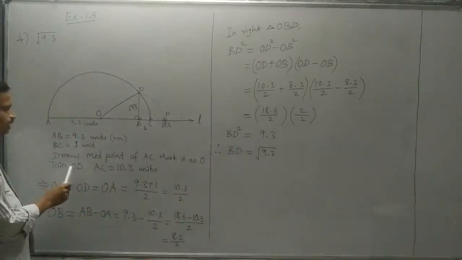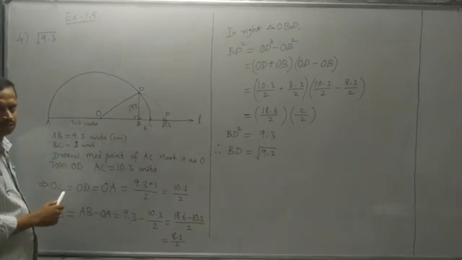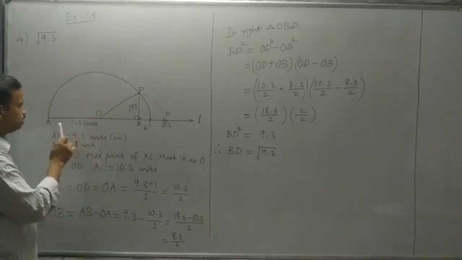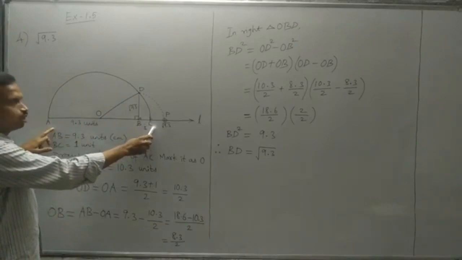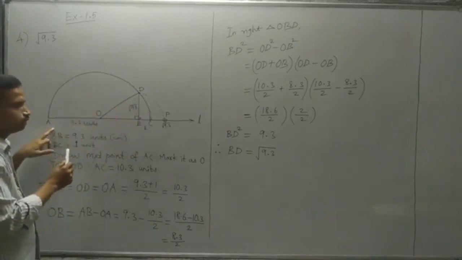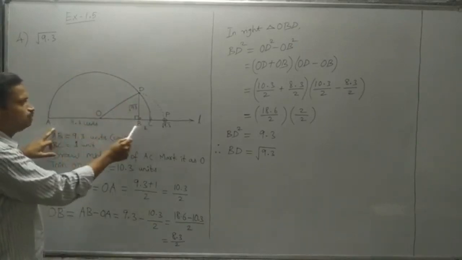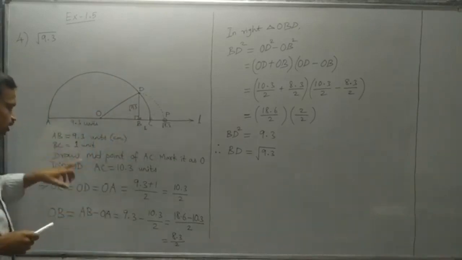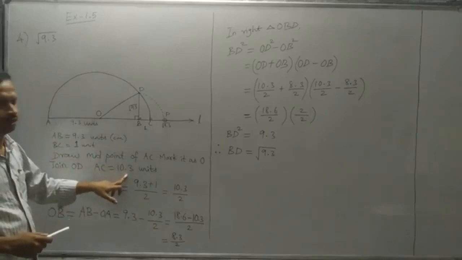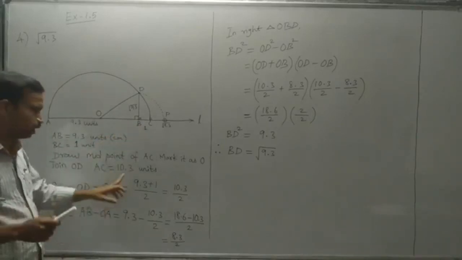We see the proof of how BD is root 9.3. So join OD. We have to join O and D. What is AC? This is the diameter of the semicircle. From AB 9.3 you get BC 1, so AC is 9.3 plus 1, 10.3 units.